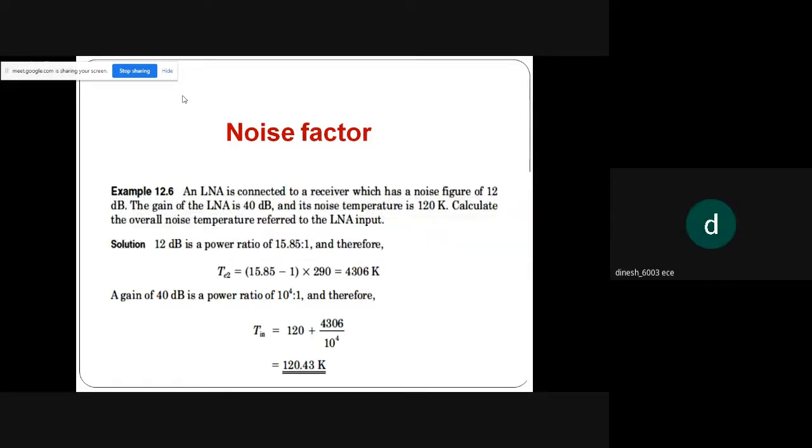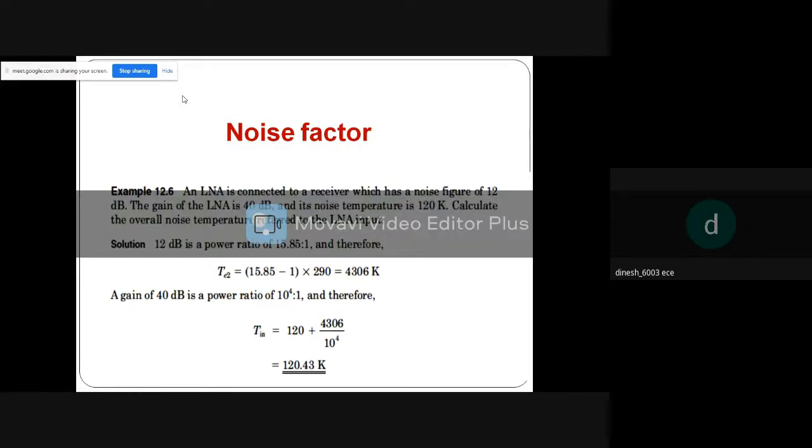So 12 dB is a power ratio of 15.85 to 1. Therefore, it can be expanded as (15.85 minus 1) into 290, which is 4306 Kelvin.